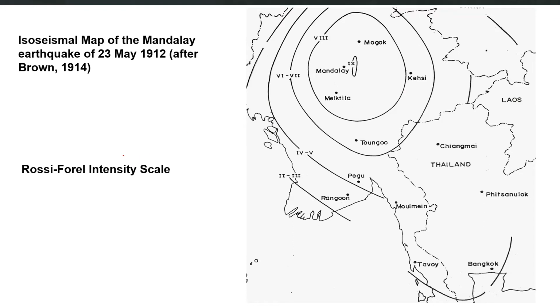Another example is this isoseismal map of the 1912 Mandalay earthquake. It is developed based on the Rossi-Forel intensity definition, and you can see here this is the epicenter, and the highest intensity is experienced here, and as you go away from that, the intensity reduces to maybe 2 or 3.